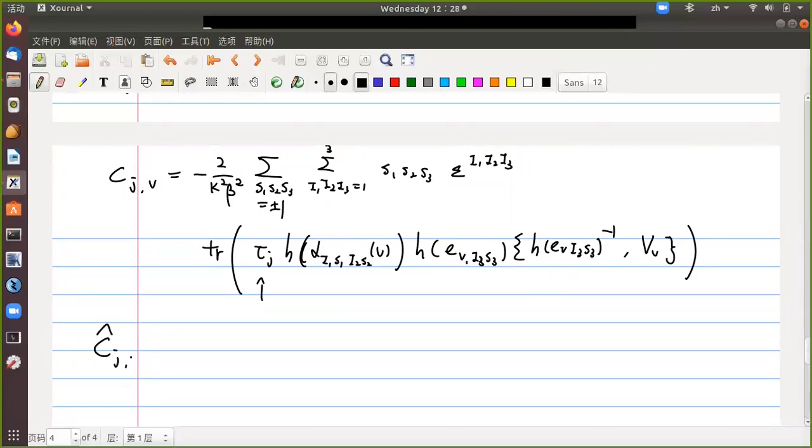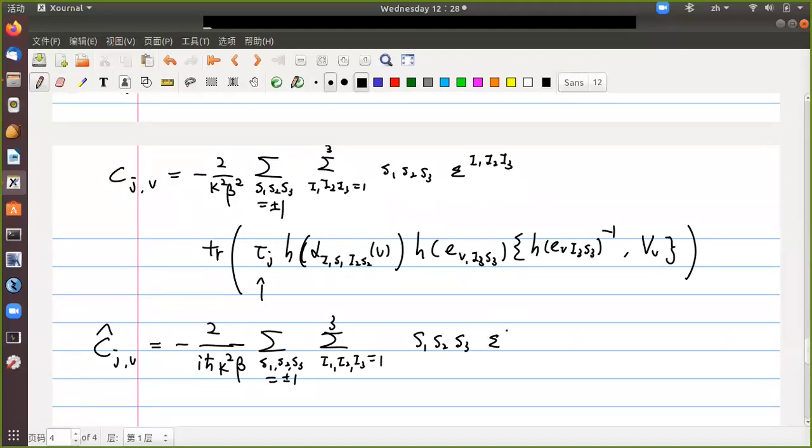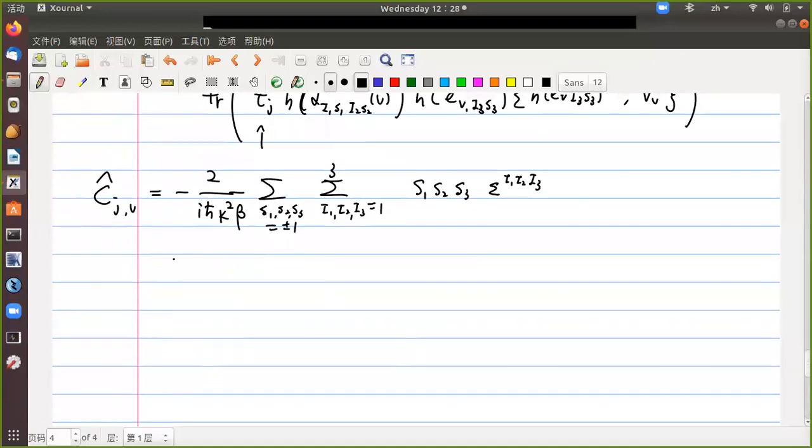Quantum version of the diffeomorphism constraint is minus HR square beta 2 epsilon I1 S3. Okay, trace.